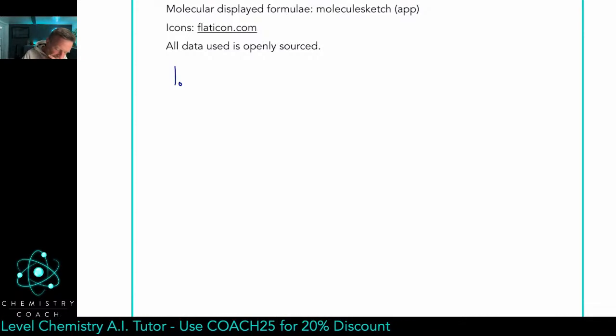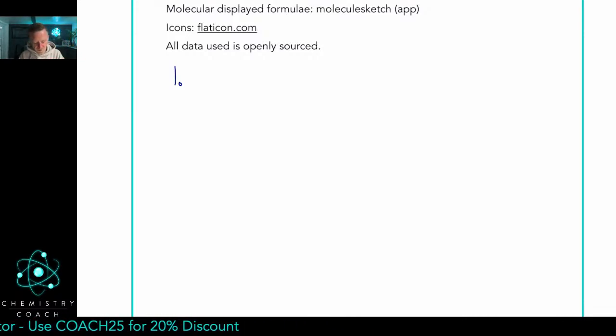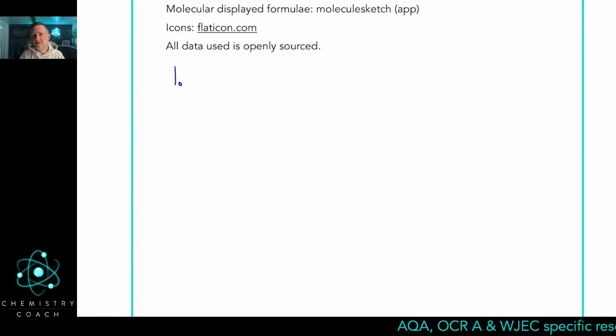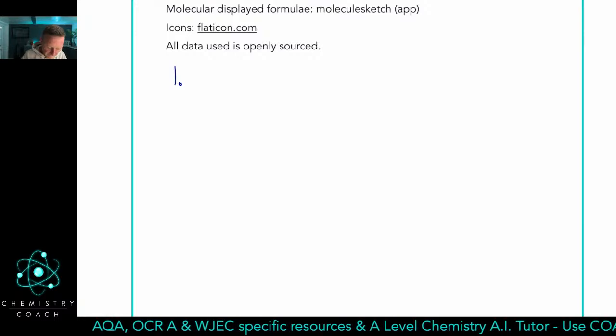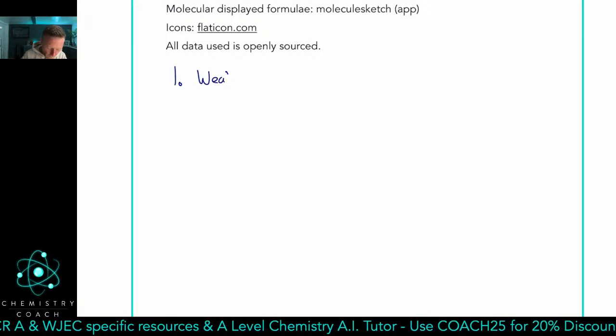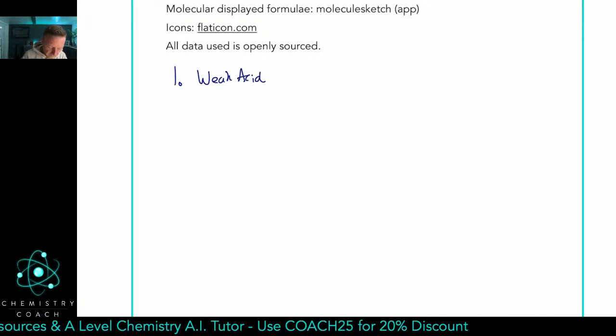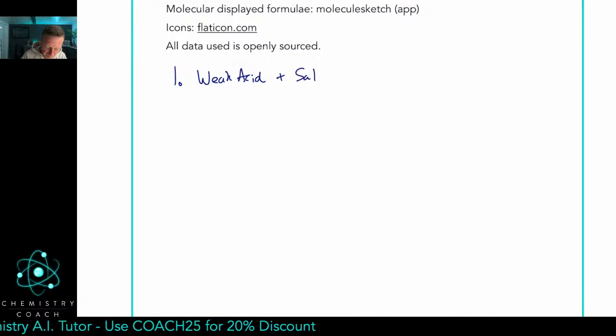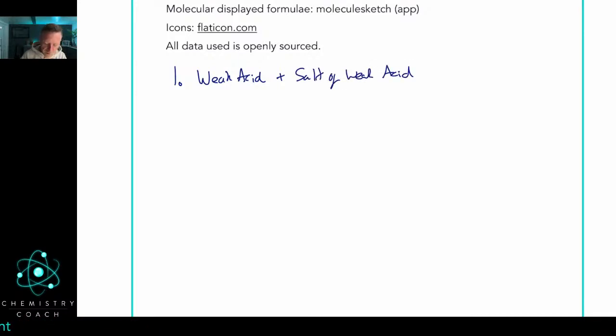So number 1 here is a question where they're asking you to find the pH, or maybe the mass of salt added, or maybe the concentration of acid. The things they can ask you are different. But the crux of the question is this: basically they are adding a weak acid and the salt of the weak acid to a solution.